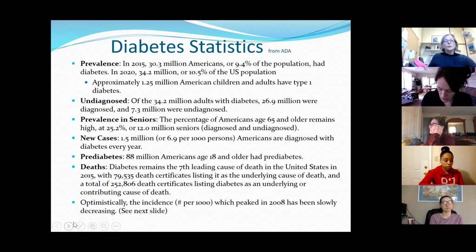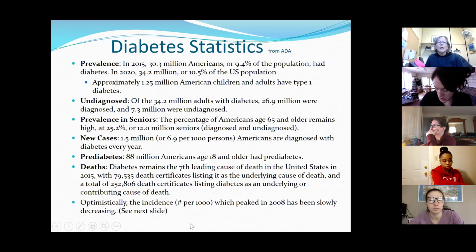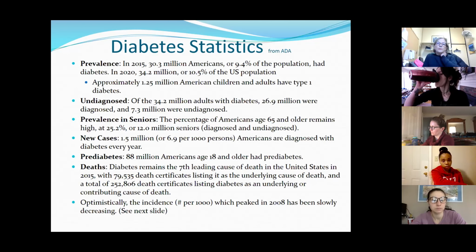So to make my point with regard to how likely you are to encounter diabetes in your practice, I'd like to go over some of these statistics. In this first one, with regard to prevalence, I'm comparing just the last 5 years.